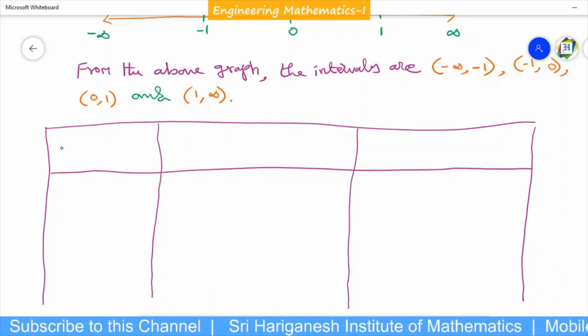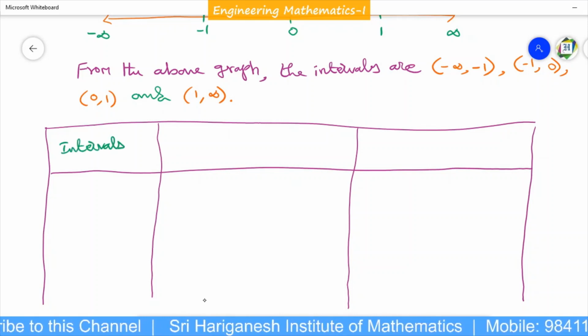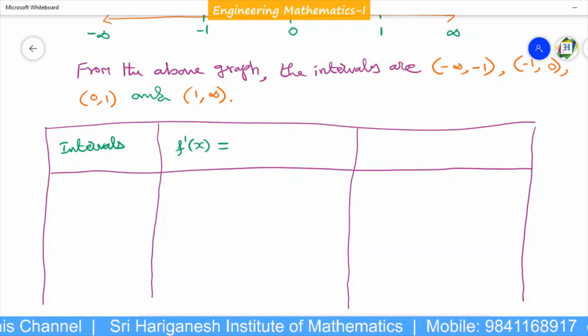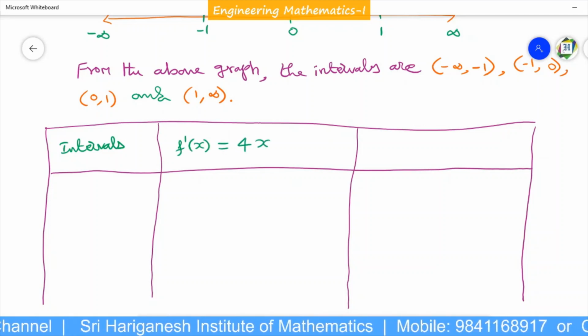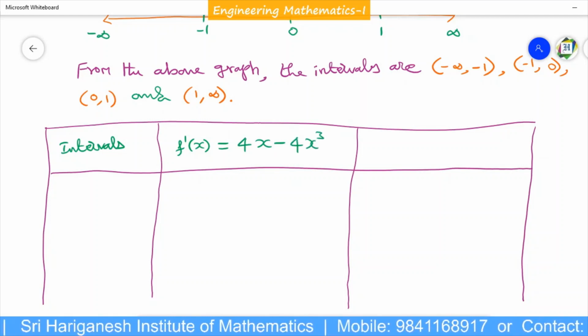Now intervals. F dash of x, f dash of x is 4x minus 4x cube, and finally conclusion.